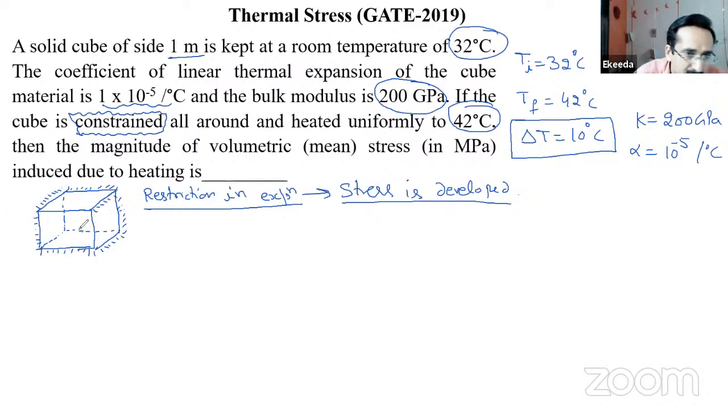This is a cube, and because it is restricted from all sides, there will be compressive stress because it will try to expand, and some force will be there which is compressing it, right? It means that stress is developed in all directions: in x direction, in y direction, and in z direction.